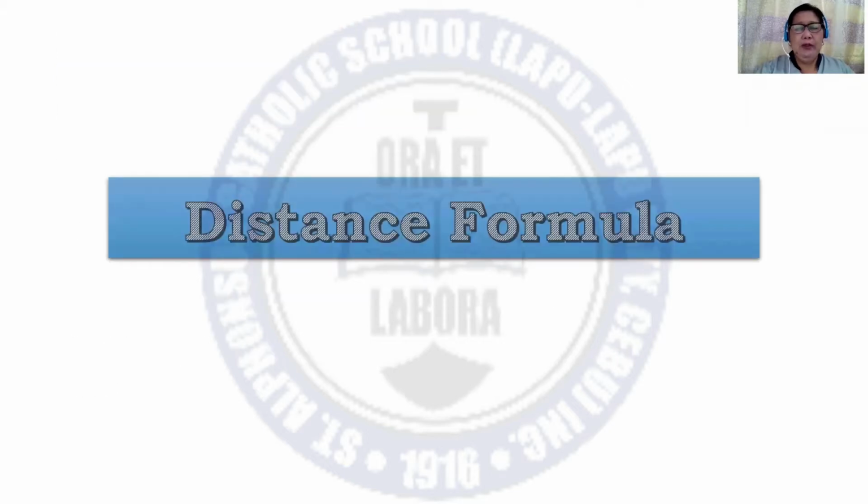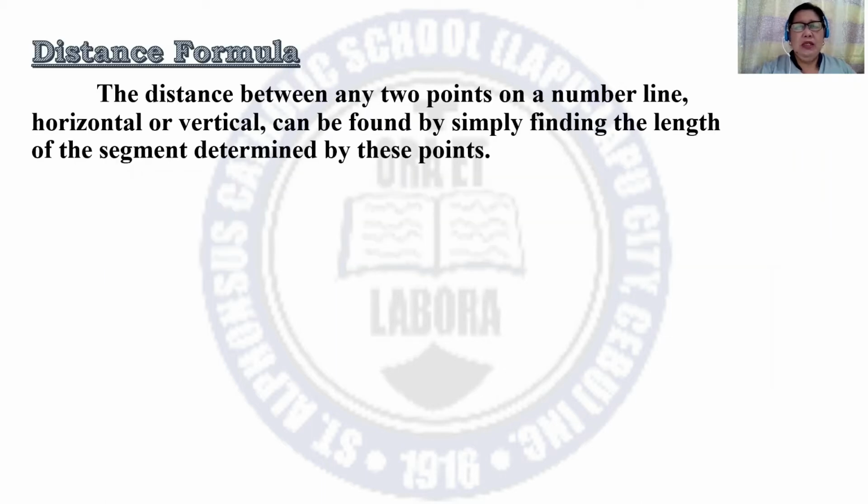Let us have first the distance formula. The distance between any 2 points on a number line, horizontal or vertical, can be found by simply finding the length of the segment determined by these points. Look at this number line.